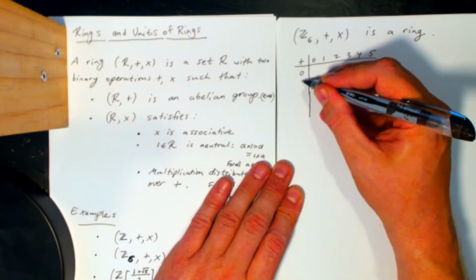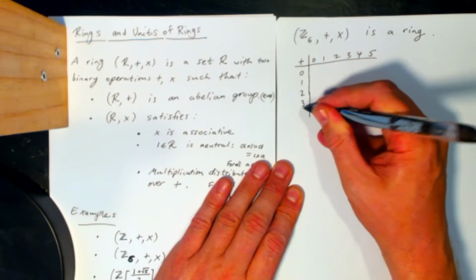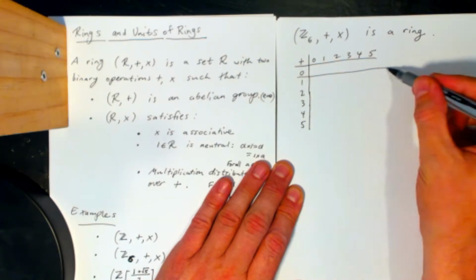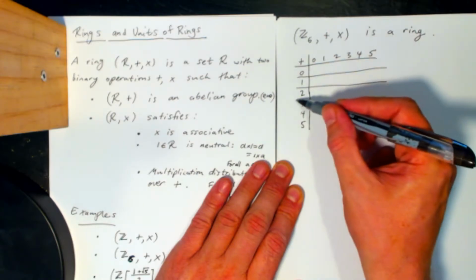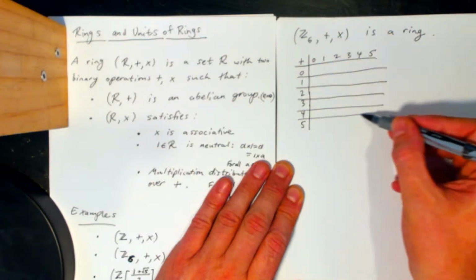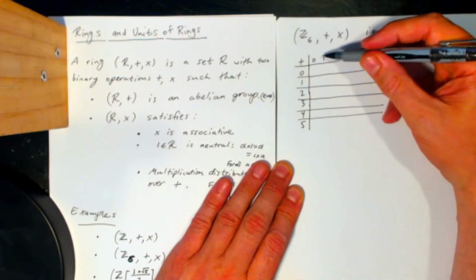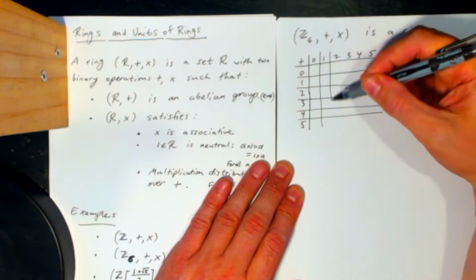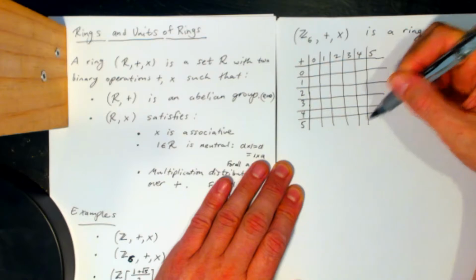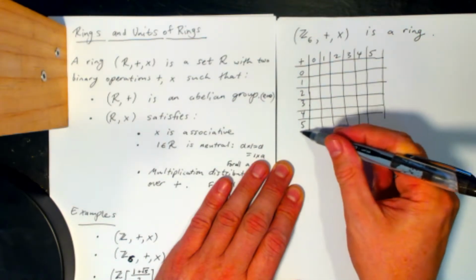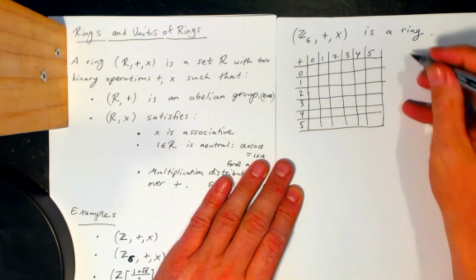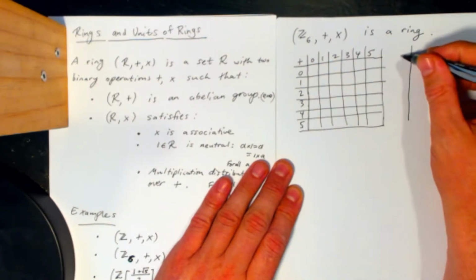I'll put those down the column too, and then I'll gently draw some row separators and column separators here as well. Okay, so that's for addition. Now let's do the same thing for multiplication.